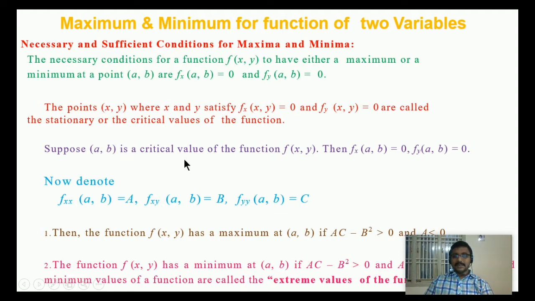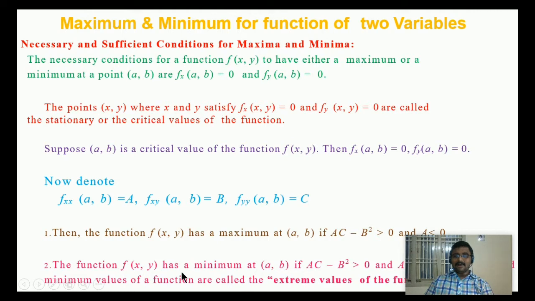Suppose (a, b) is a critical value of the function f of x, y, then fx at (a, b) equal to 0 and fy at (a, b) equal to 0. Now denote fxx at (a, b) as capital A, fxy at (a, b) as capital B, fyy at (a, b) as capital C. Then the function f of x, y has a maximum value at the point (a, b) if AC minus B square is greater than 0 and capital A is less than 0.